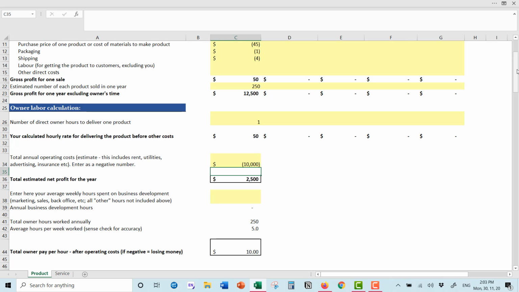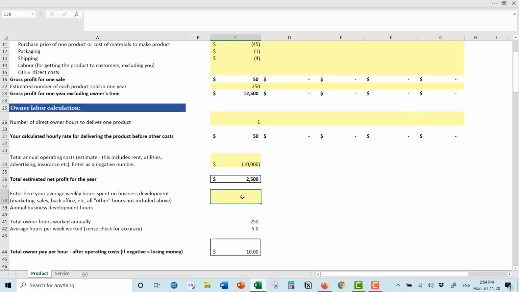So subtracting that from the $12,500 gross profit for 1 year, we now have a net profit for the year estimated at $2,500. So that's not a lot of money, but as you're going to see in a minute, I'm not working very hard to make that money.